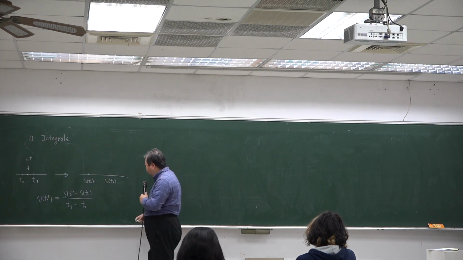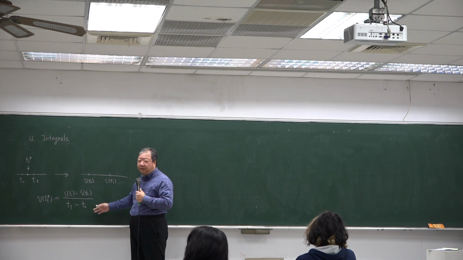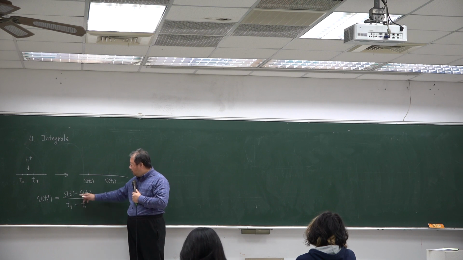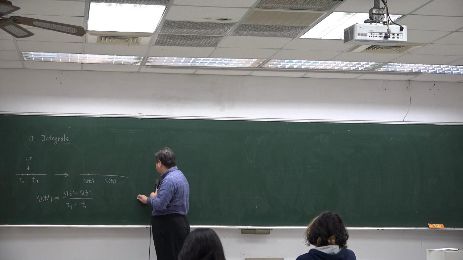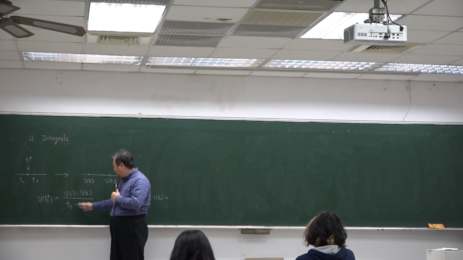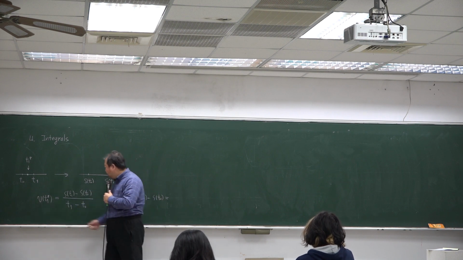So, subtraction, division. If we want to find the displacement, simply multiply by t1 minus t0.